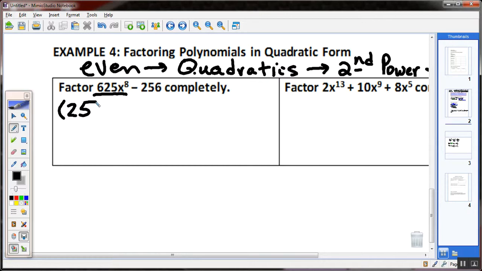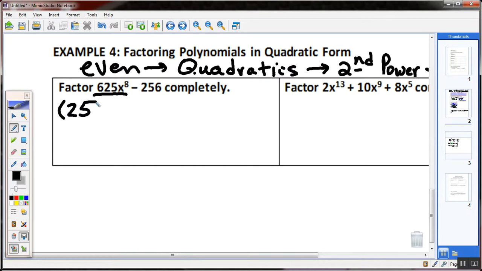X to the 8th power is how many x's? 1, 2, 3, 4, 5, 6, 7, 8 of them. Doesn't this times this make x to the 8th? Would you agree with that? How many x's are right here?